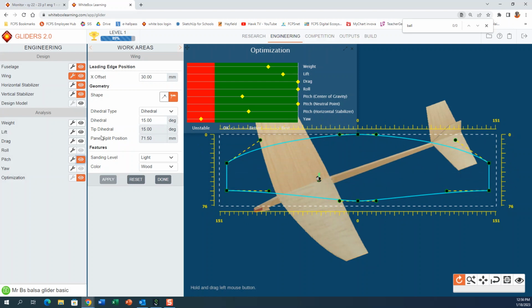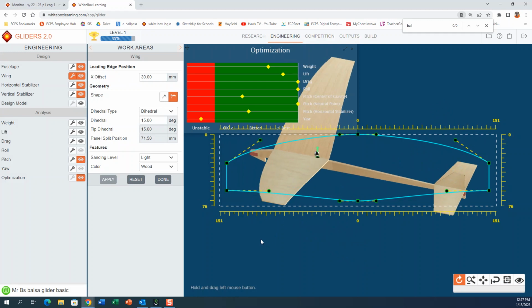If we look at that, we're on the wing because we're going to be moving this wing around, because that's a lot of weight to the overall weight of the glider. It says the offset. This offset, they're meaning from the nose of the airplane, right here, the very nose, okay?